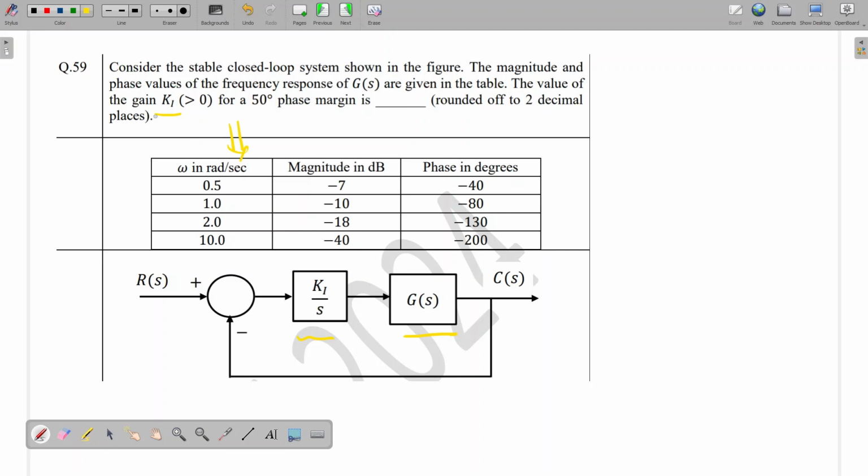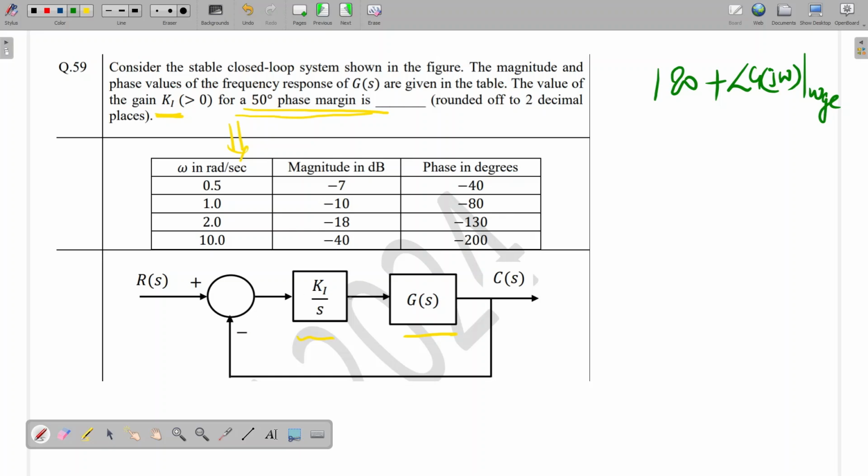And we have to calculate the value of k greater than 0 for 50 degree phase margin. So what is phase margin? Phase margin is equal to 180 plus angle of G(j omega) at omega gc. So 50 degree phase margin means our total angle should be how much?